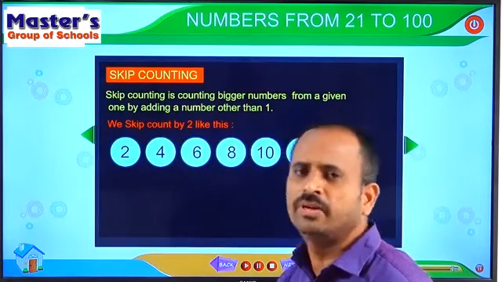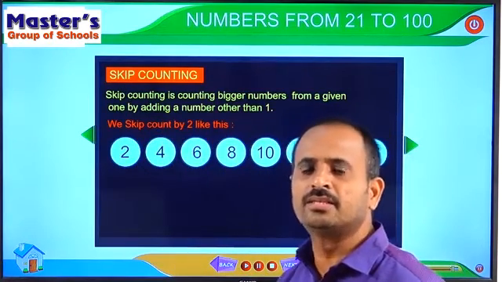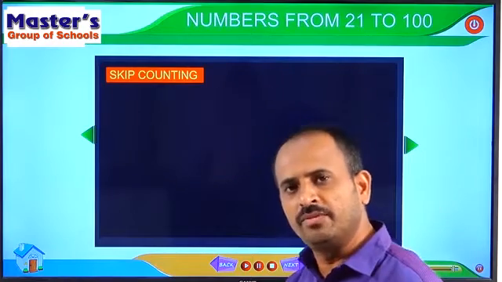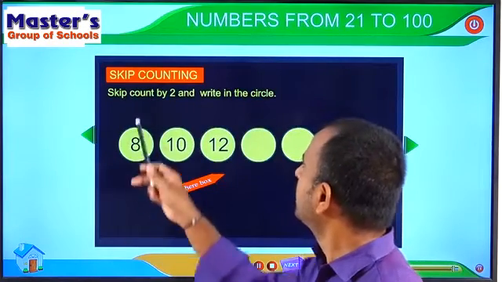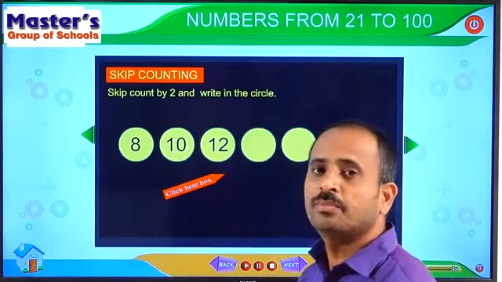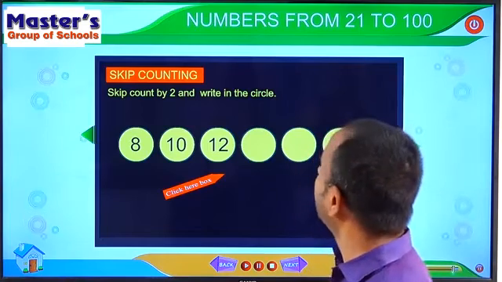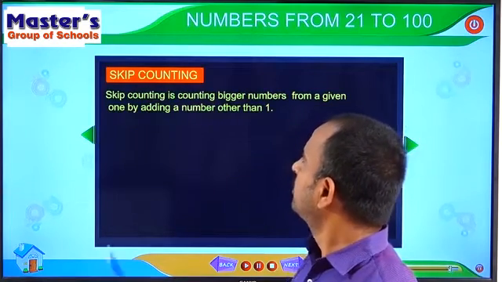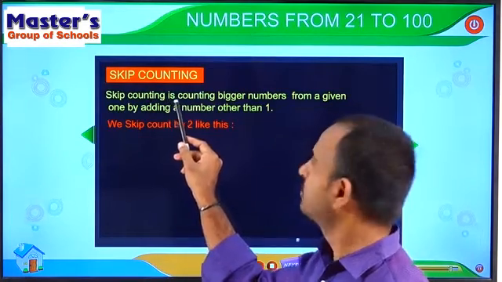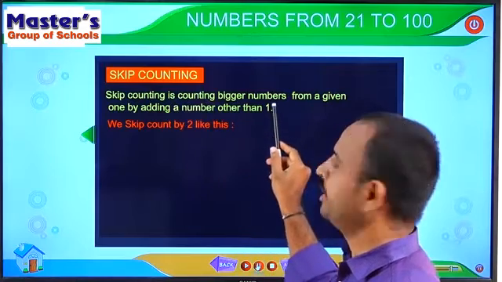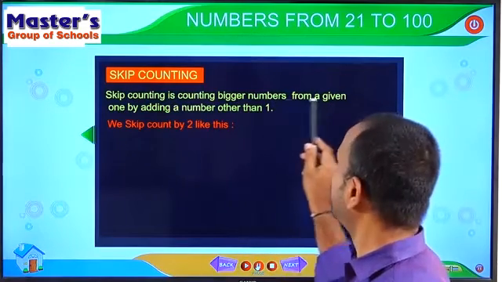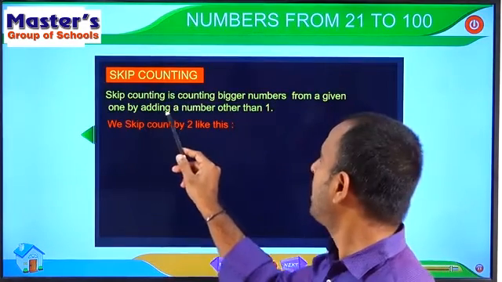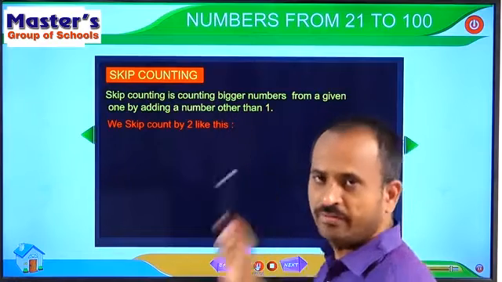So what is skip counting? Continuous counting means we can count the numbers one by one without skipping. So here, what is the meaning of skip counting? Skip counting is counting bigger numbers from a given one by adding a number other than one.